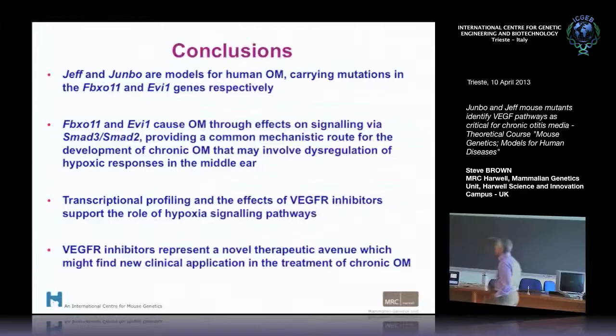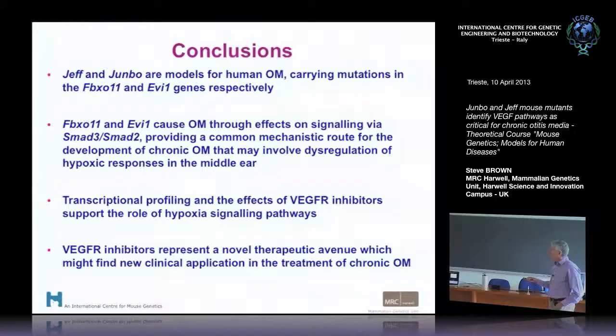So the conclusions here are we've found that Jeff and Junbo are models for human otitis media carrying mutations in these two genes. And we've shown that FBOX and EVI1 cause otitis media through effects on signaling within the TGF-beta pathway. They provide a common mechanistic route for development of chronic otitis media that involves dysregulation of hypoxic responses in the middle ear.